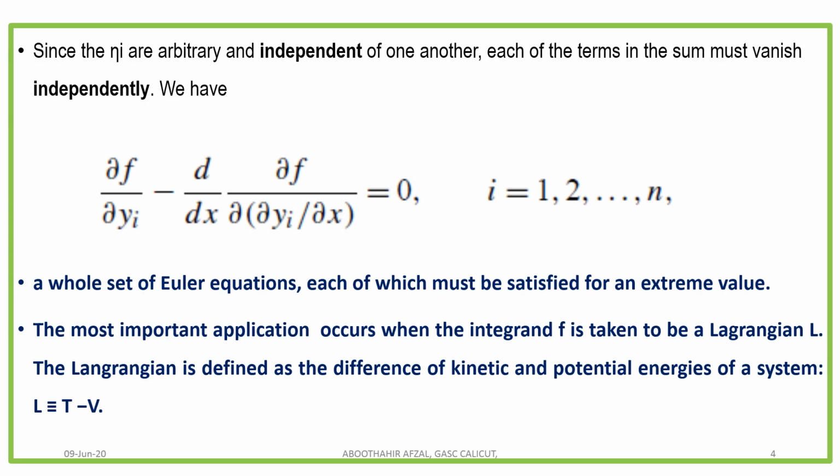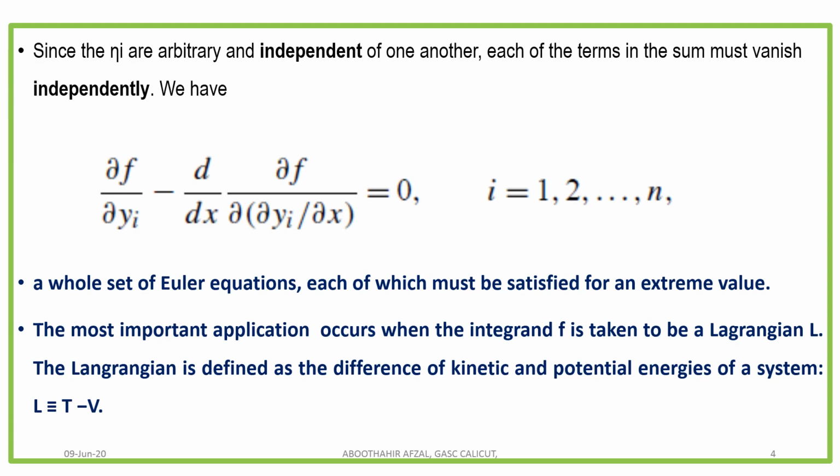Now when we apply this type of equation, where we have a function which is having more than one dependent variable, in many problems of physics we will come to know many interesting applications. One such application is if I take the integrand f, which is a functional in the variational problem, as the Lagrangian of a system.